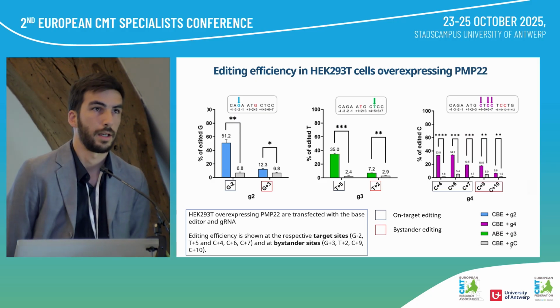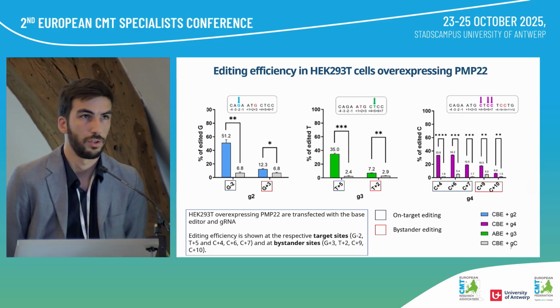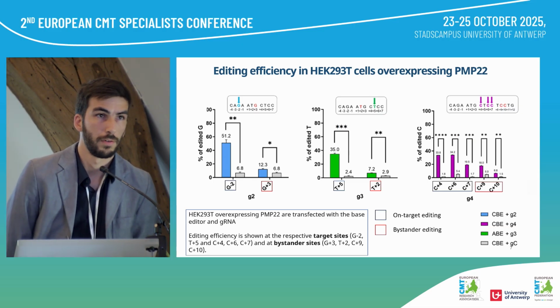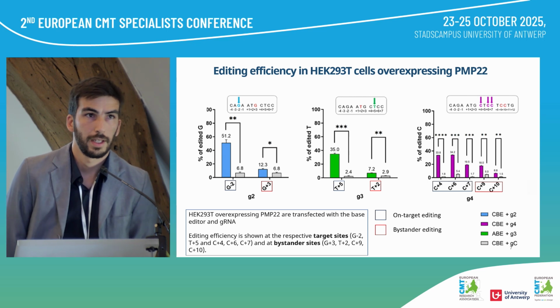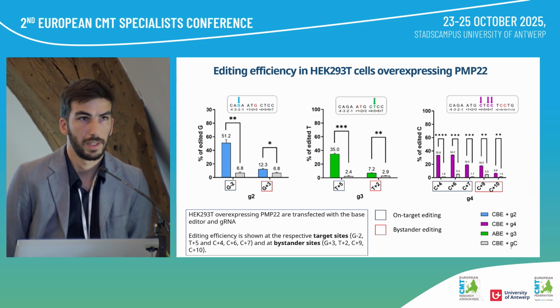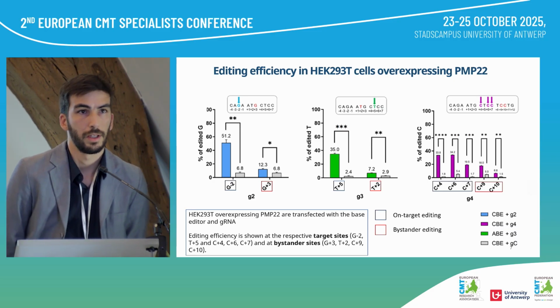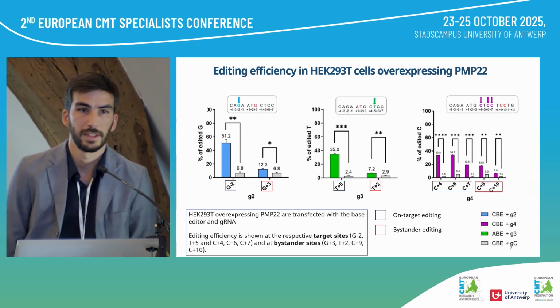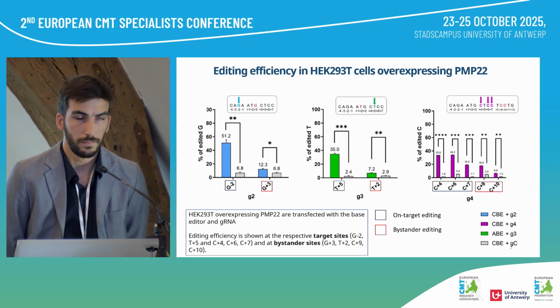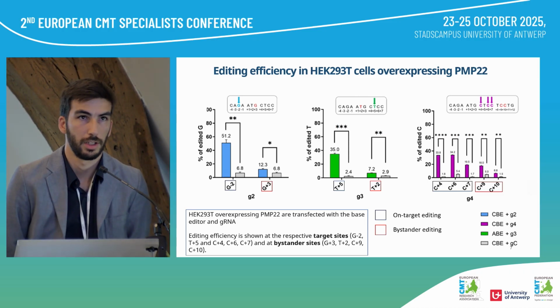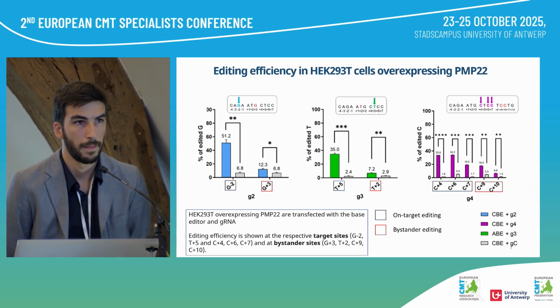And these are in the ATG codon, which we would like to avoid. For guide 3, again, we have some bystander edits in the methionine, while for variant 4, we have some bystander edits. However, the last one didn't actually change the nucleotide sequence.